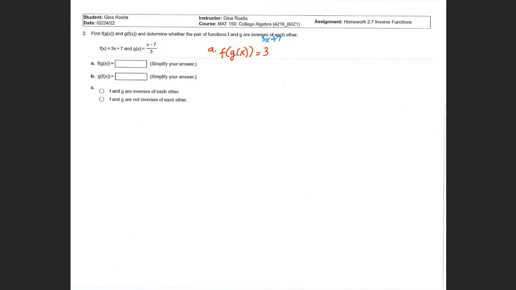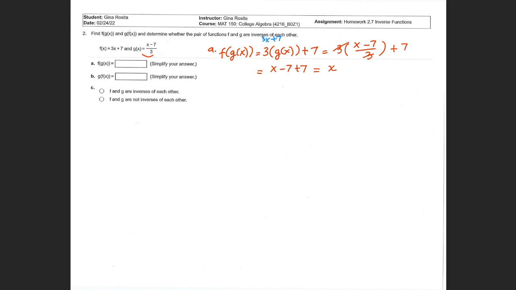Okay. So it becomes 3 times g of x plus 7. After this, you replace g of x, 3 times g of x, with x minus 7 over 3. Yeah, this is g of x. Yeah. So plus, don't forget, plus 7. Okay, you simplify, yeah? You can cancel. So the answer becomes x minus 7 plus 7. So the answer is x.